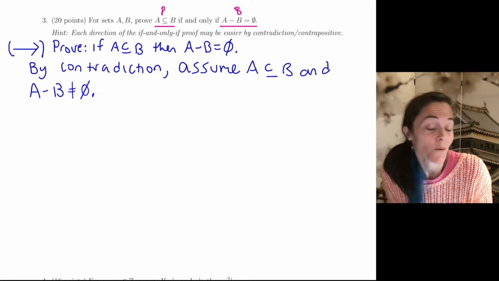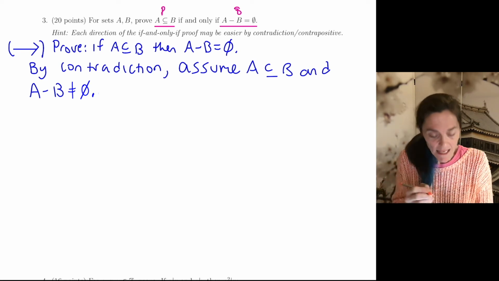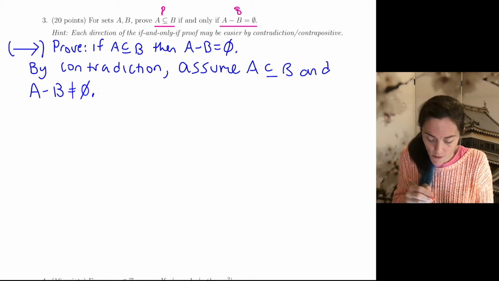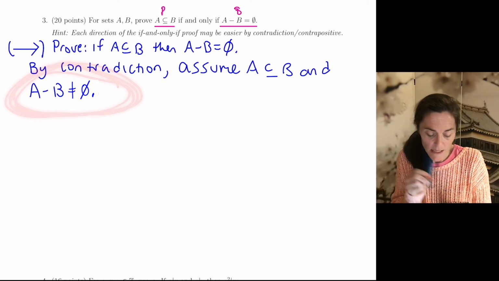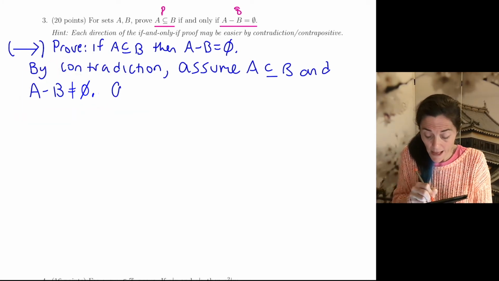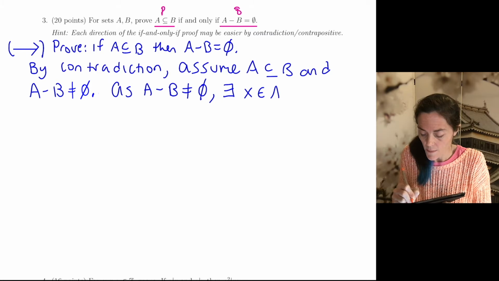And then we want to work until we get something that's always false, our contradiction. Here, what am I going to work with? Well, this gives me something to work with. A minus B is not empty. So as A minus B is not equal to the empty set, there exists an X in A minus B.